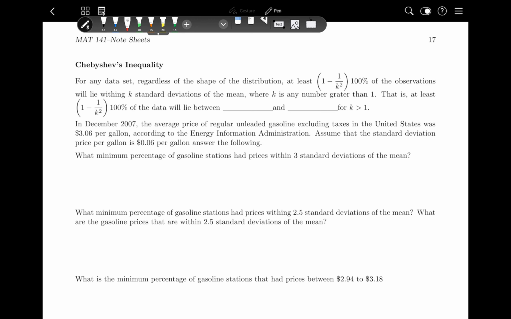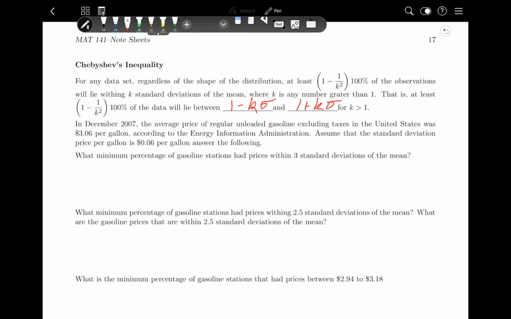That is, at least 1 minus 1 over k squared times 100% of the data will lie between the mean minus k sigma and the mean plus k sigma. Now, this is not bell-shaped, so this is basically saying this is the minimum number that will work.